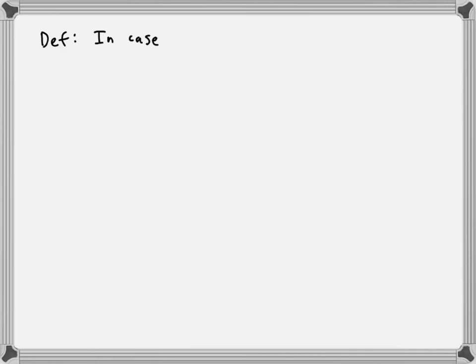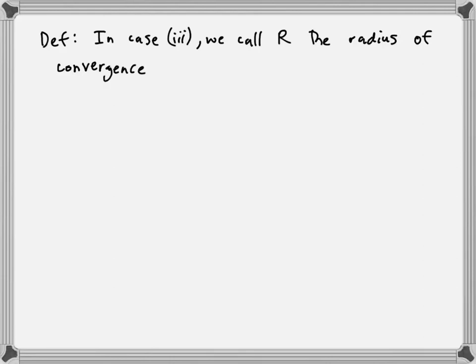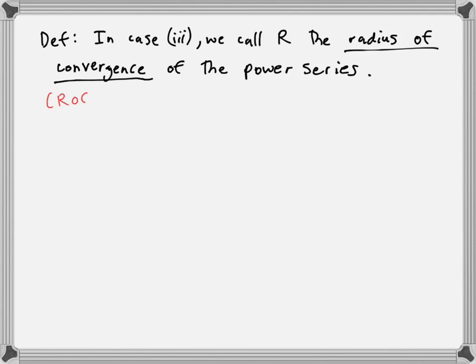In case 3, we call r the radius of convergence of the power series. Sometimes I will abbreviate it with ROC. Okay, radius of convergence.